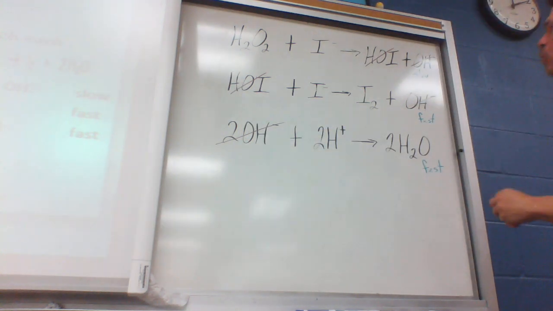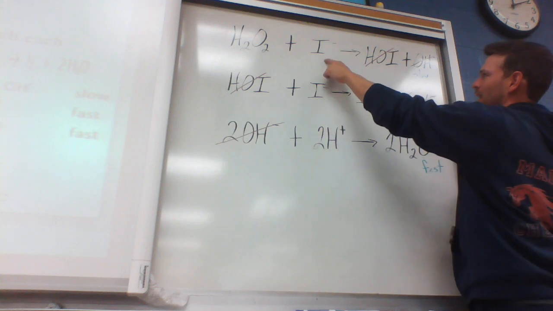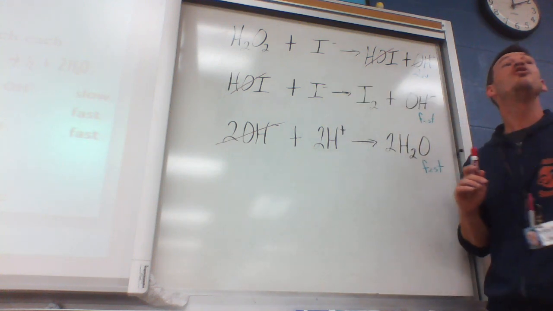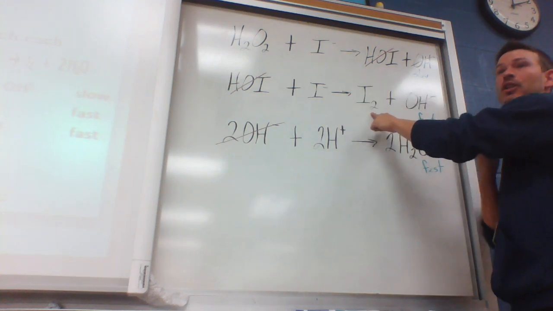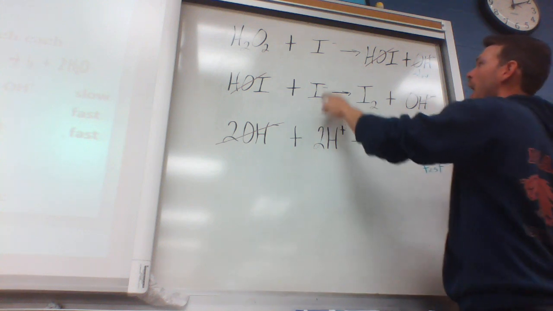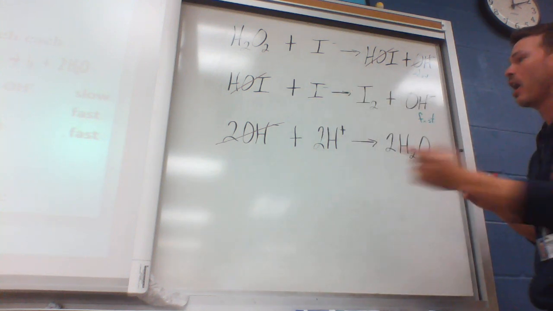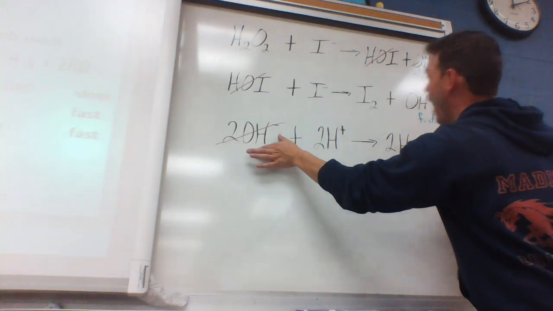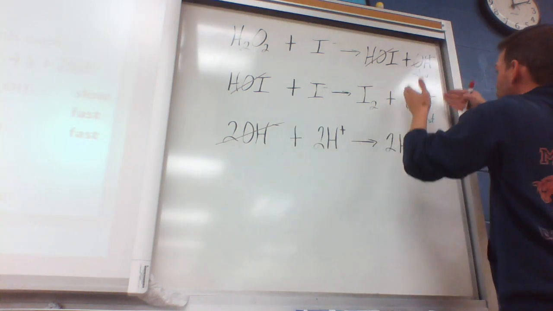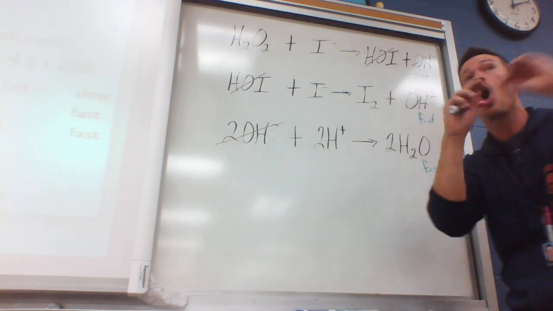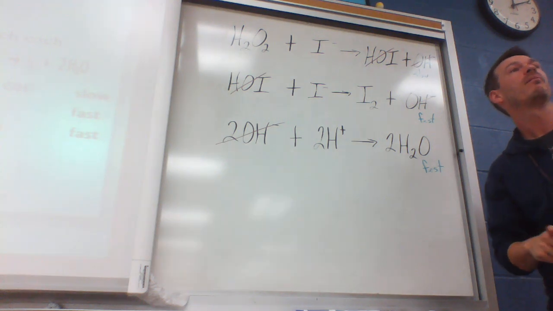Now, Annalise's question was, isn't I minus and I minus equal to I2? No, because I2 is your diatomic molecule, while your I minus is just the ion. This is exactly 2 ions. These are 2 OH minuses, which are the exact same thing.